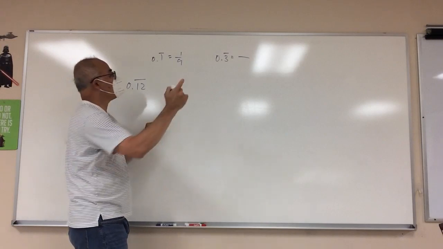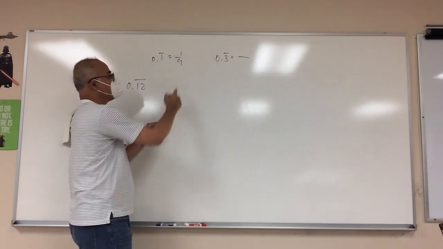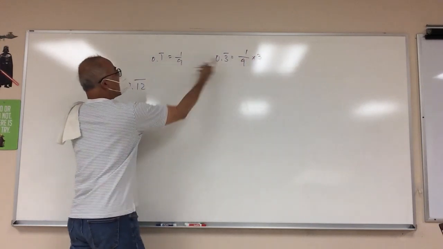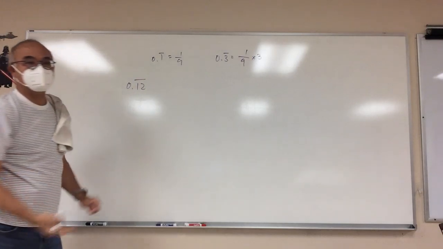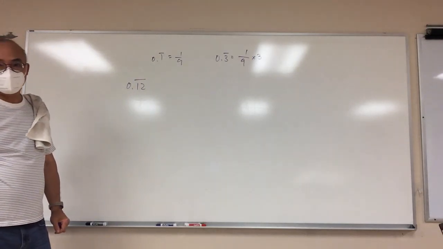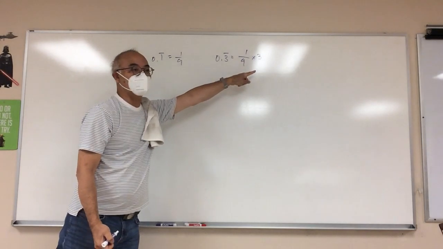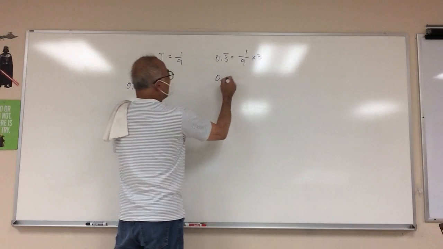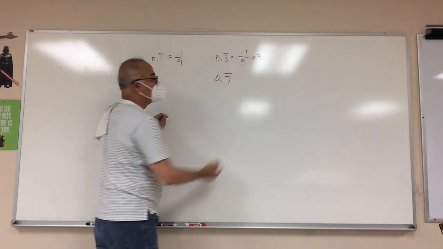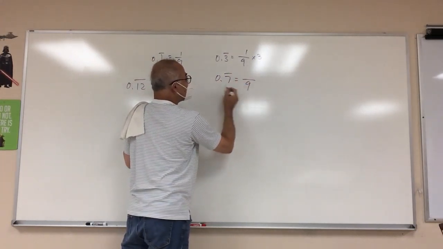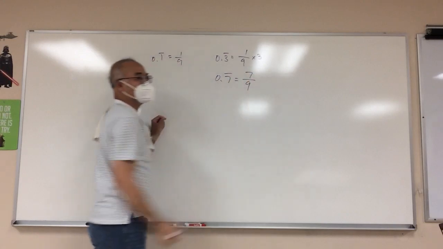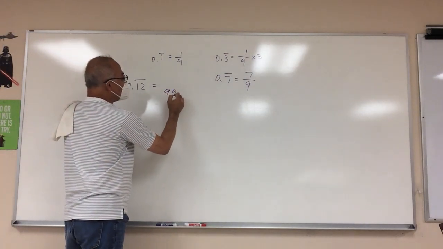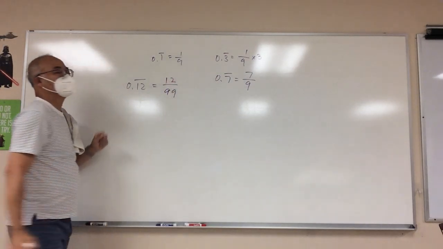Okay, you know it's 1/3, but how do you get there? Isn't this 1/9 times 3? Because this guy here is this times 3? So I'm multiplying this guy by 3. In other words, if I have one number, 0.7 repeating is going to be 1/9 times the number here. 0.12 repeating is going to be 12/99.